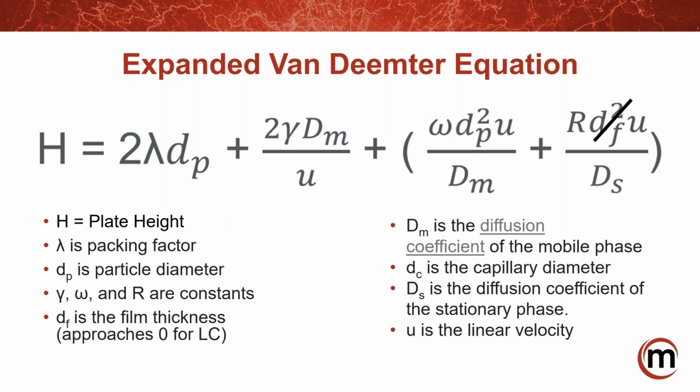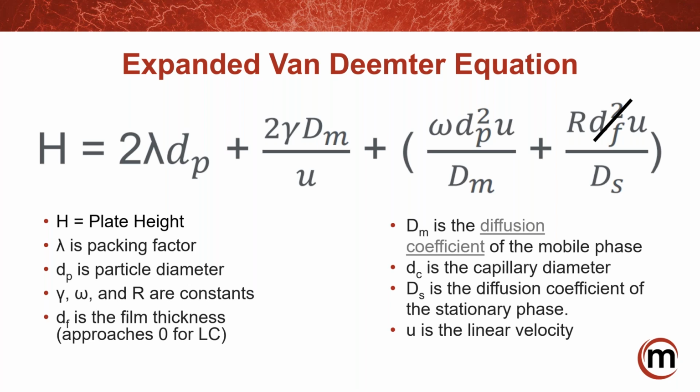I think you see that previous equation a lot, but it doesn't necessarily explain why we're seeing what we're seeing with the monodispersity. So I dug a little bit deeper, and I'm showing the expanded Van Deemter equation. This is actually what Van Deemter wrote.